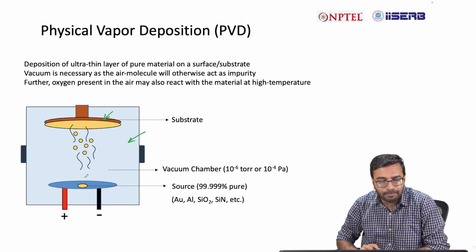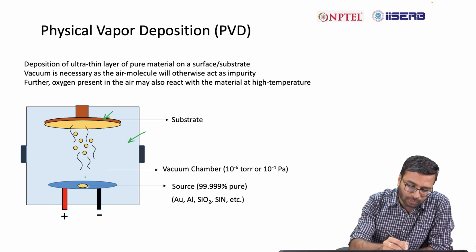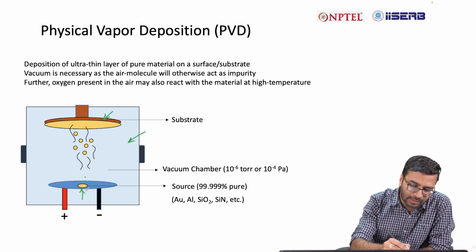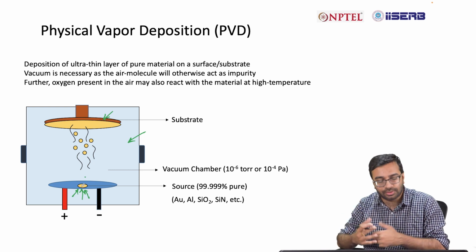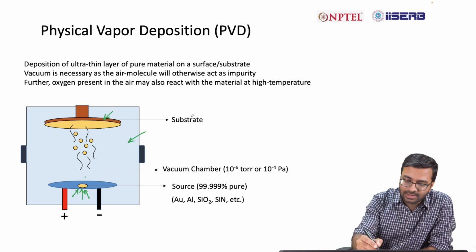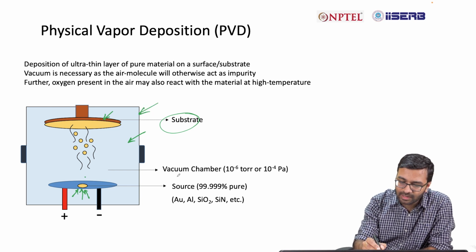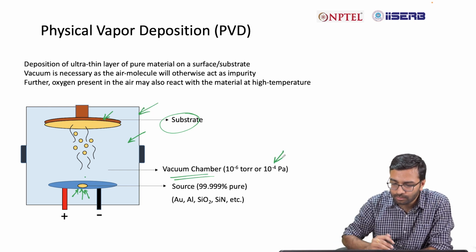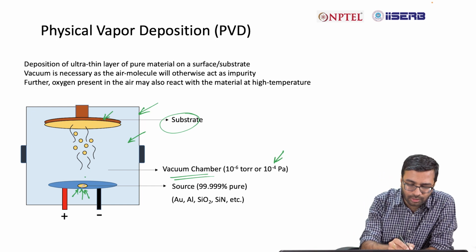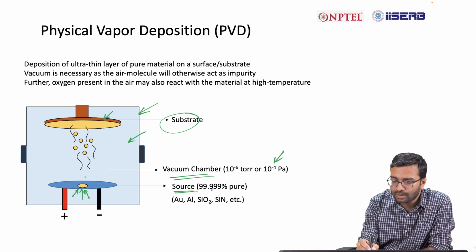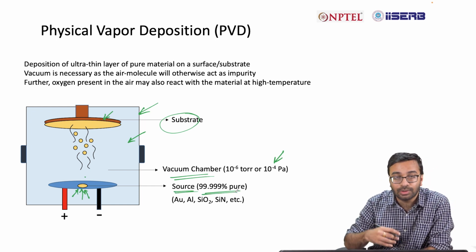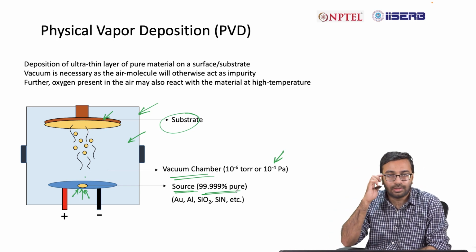And then one also has to have a mechanism through which you can heat the material under consideration in order to create that evaporation process. So, you need a substrate and a vacuum chamber. Inside the vacuum chamber you create high vacuum, and then you also need a source which is, say, 99.999% pure, because you want to deposit a pure material on the substrate.